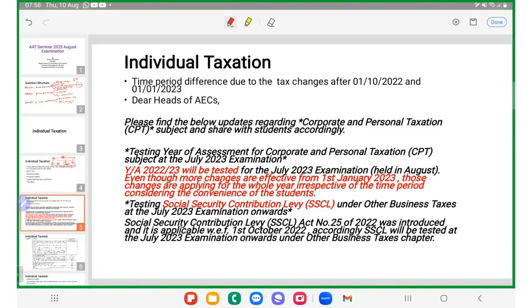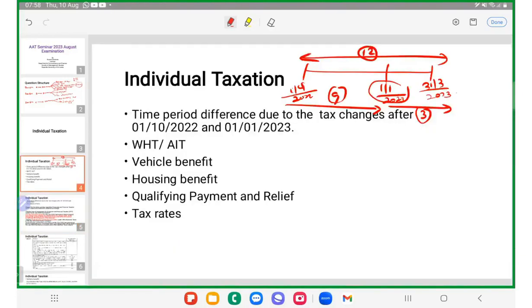The test in Social Security Contribution Levy under the other business taxes is at July 2023. That means the July 2023 examination, or the August examination, so that's about the time difference.